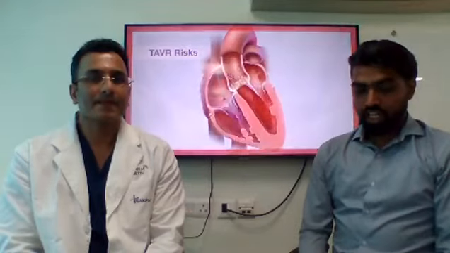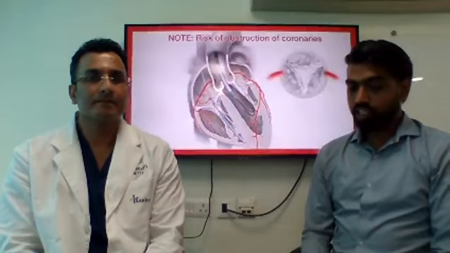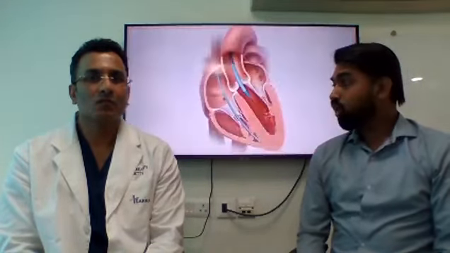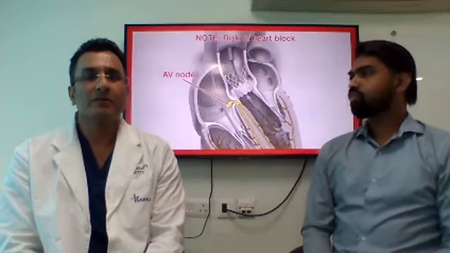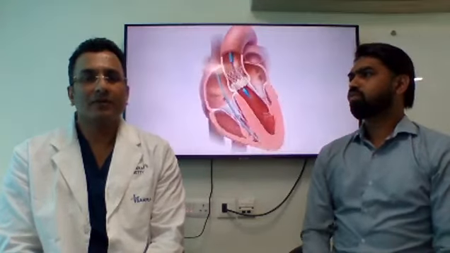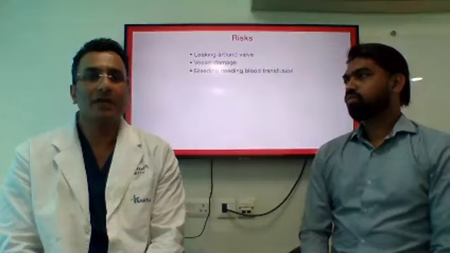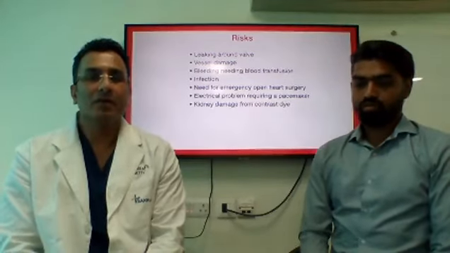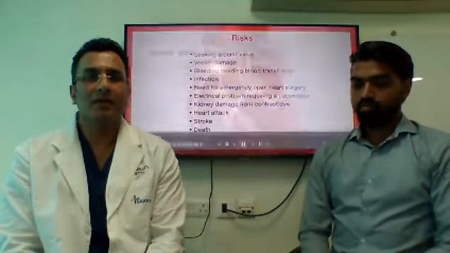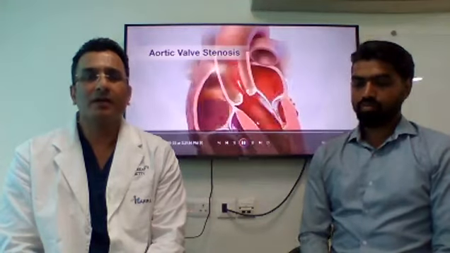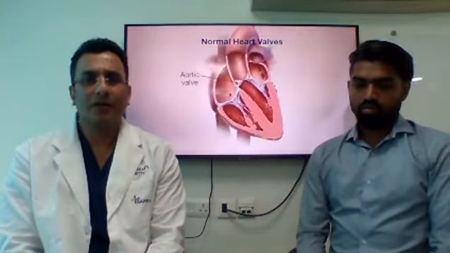So are there different types of TAVI valves, and can I ask for the specific valve? Absolutely. There are valves of different makes, but primarily they are in two categories: what we call balloon expandable valve, balloon mounted rather, and a self-expandable valve.